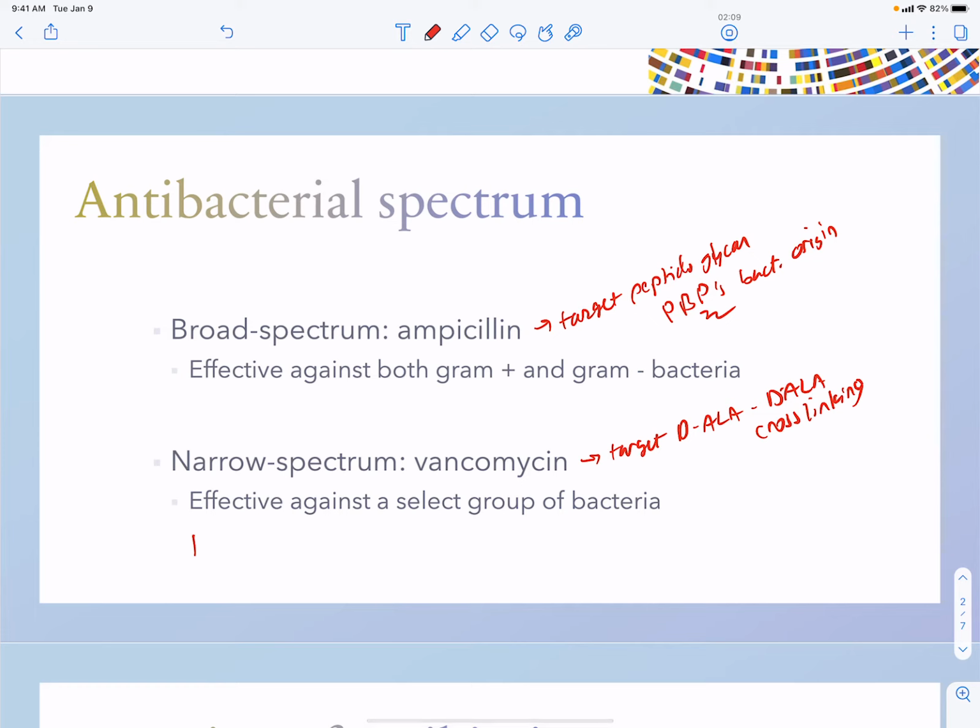Now, another narrow spectrum is fidaxomicin, and this is going to be effective at treating Clostridium difficile associated diarrhea. So it treats C. diff. And so this is, again, another narrow spectrum, but it's effective at a very important hospital-acquired infection.